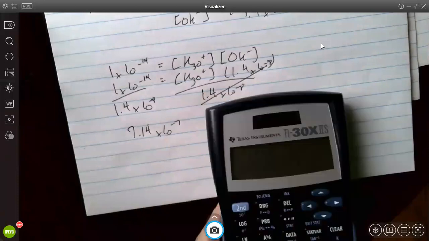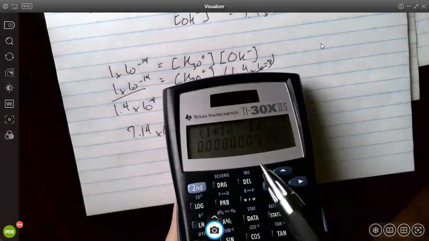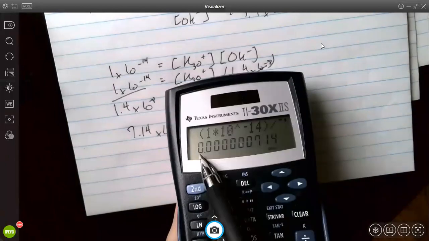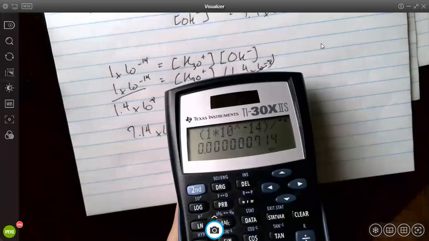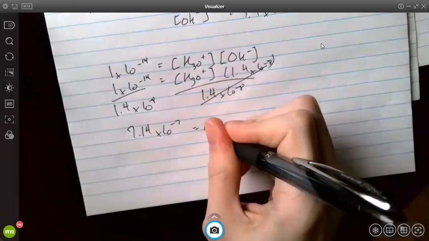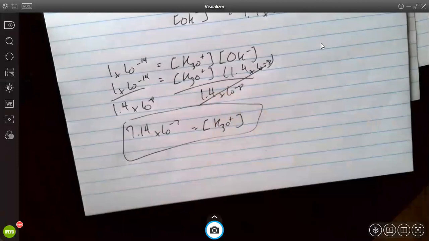I get that by moving the decimal place 7 spots over so that it's right behind the 7 there. That's how we put it in scientific notation. Okay, so that's your answer to 1C.